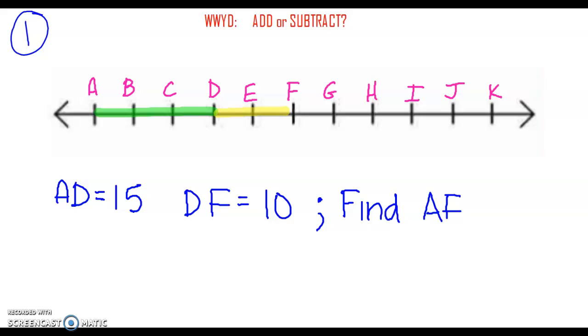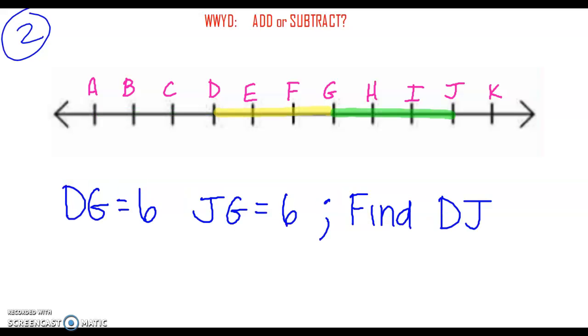So for number 1, what would you do? It gives you the information down in blue about the segments. Again, you're not actually solving, you're not telling me what AF is. I just simply want, for today, you to tell me whether you would add or subtract. Pause as you need to. Number 2, what would you do? Add or subtract?